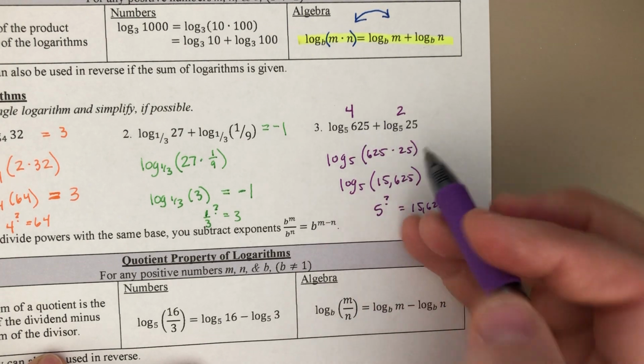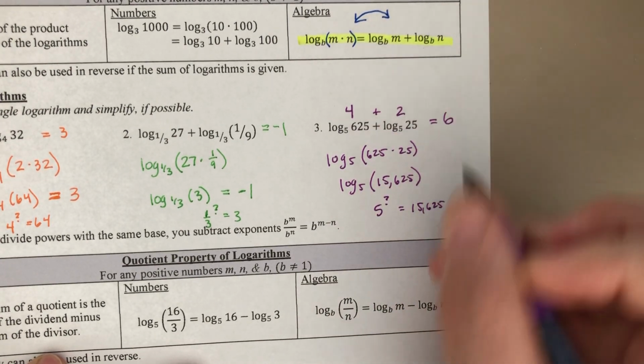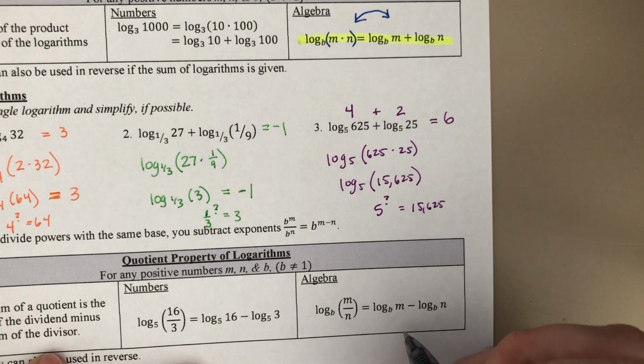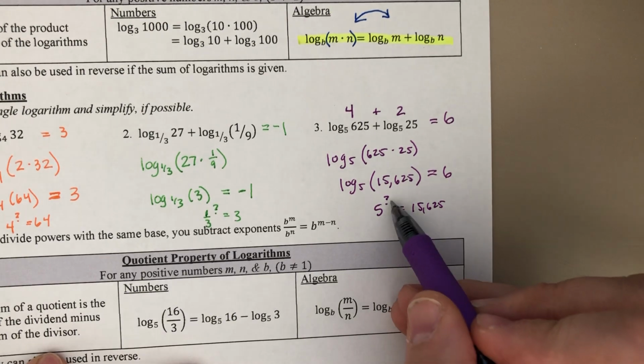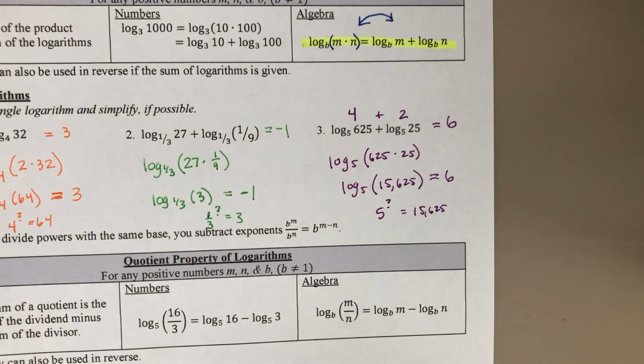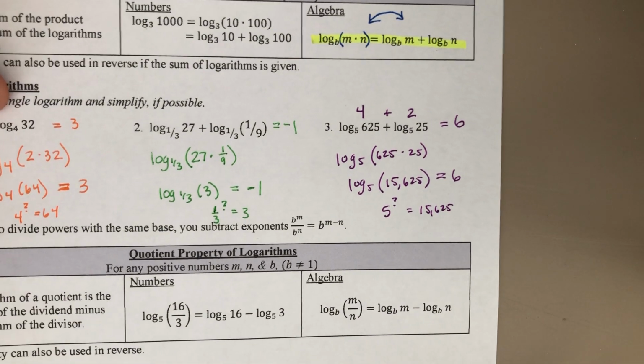So this is 4 plus 2, which gets us 6. So down here, we now know that's 6. 5 to the 6th is 15,625. So sometimes it's easier to evaluate the logarithms first and add, and it just depends on the scenario.